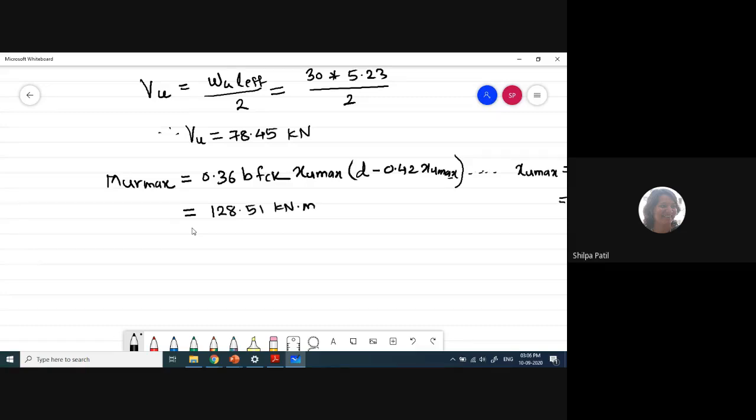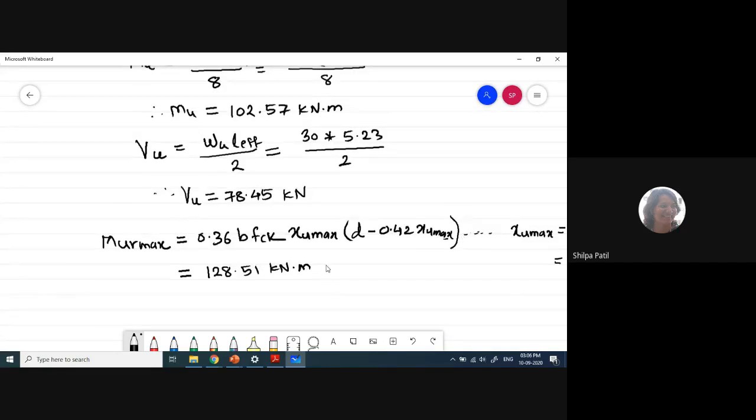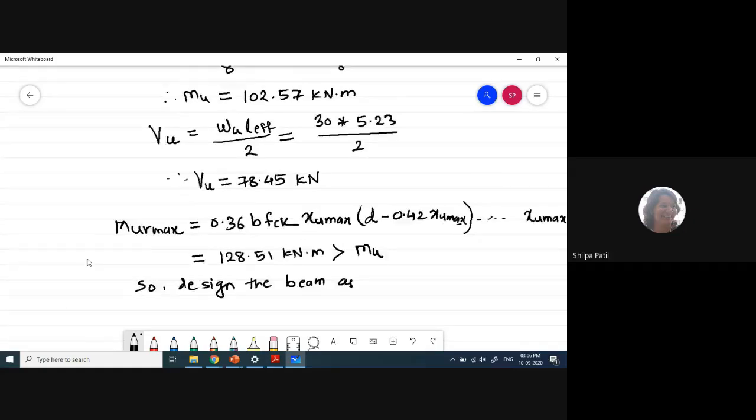Compare this value with the Mu value which we have calculated. It is greater than Mu. So design the beam as singly or doubly?